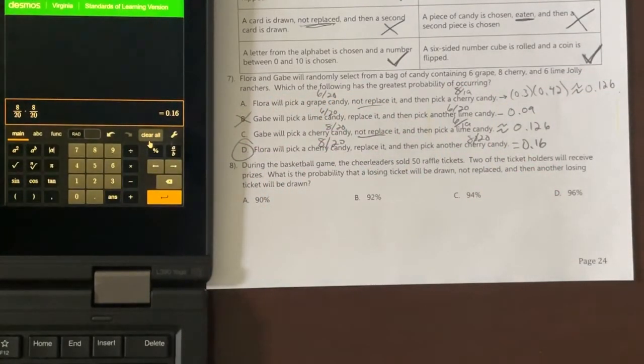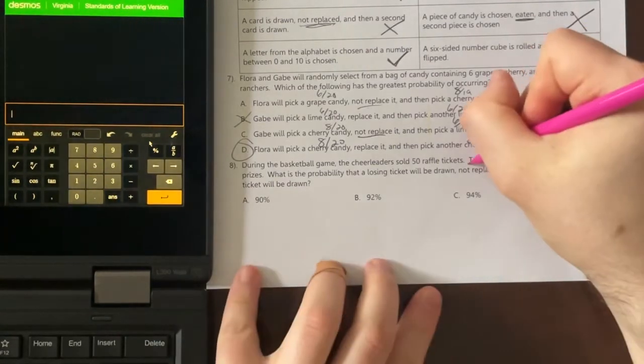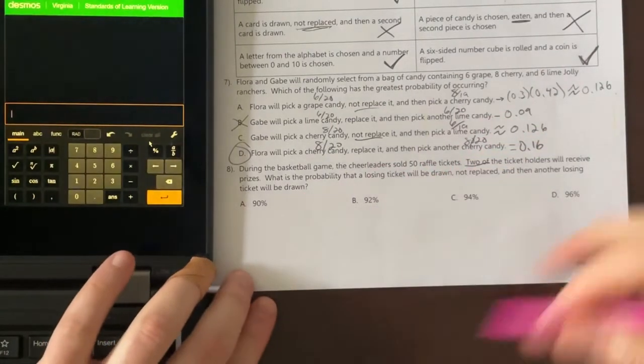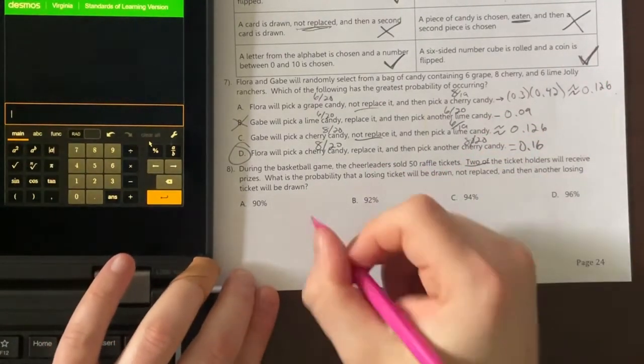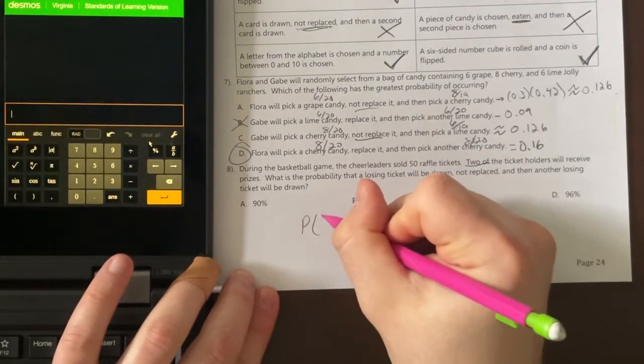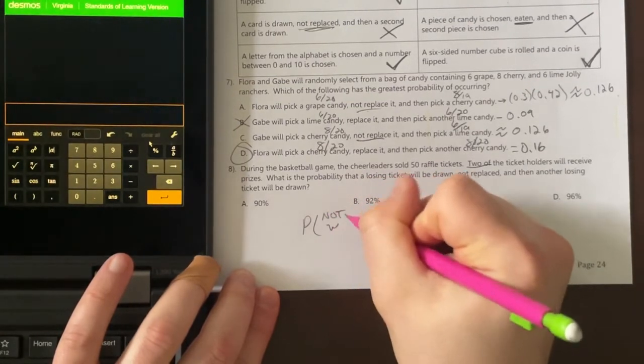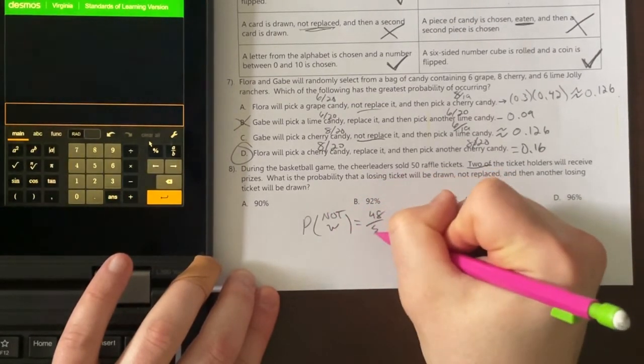All right, for number 8, it says during the baseball game or basketball game, the cheerleaders sold 50 raffle tickets. 2 of the ticket holders will receive prizes. What is the probability that a losing ticket will be drawn, not replaced, and then another losing ticket will be drawn? So it says 2 of them are winners, so that means the rest are losers. And so that means probability of picking a not win is going to be 48 out of 50.